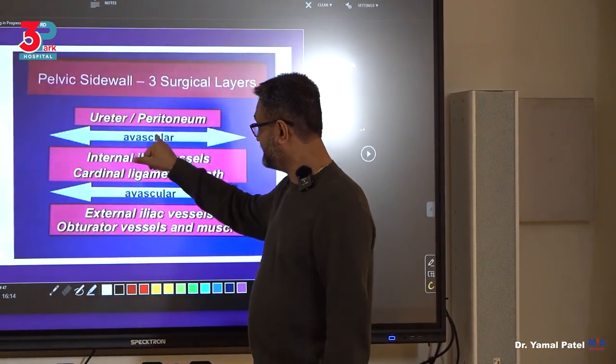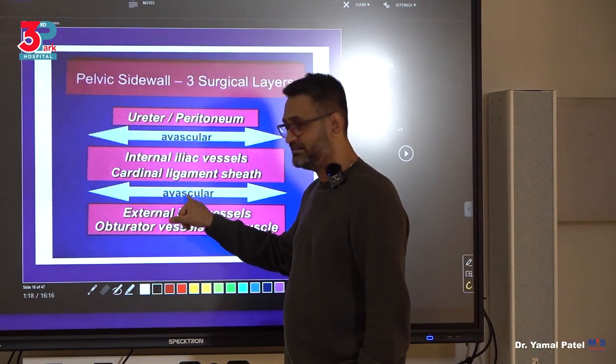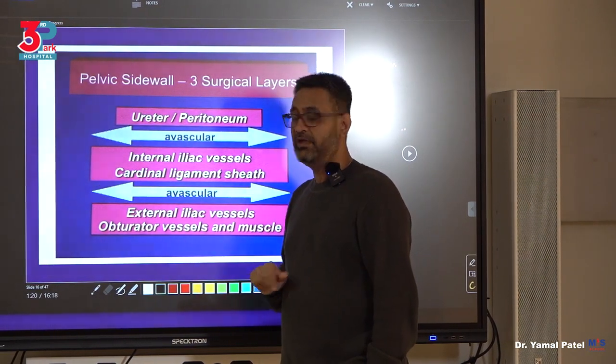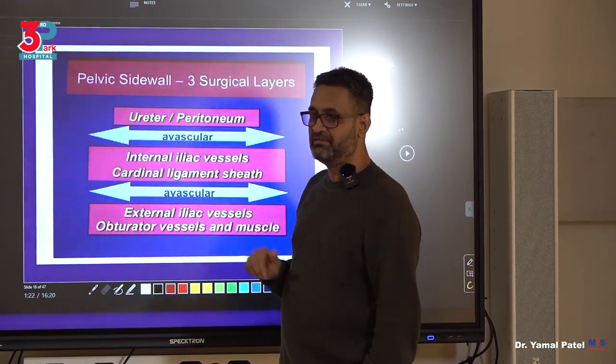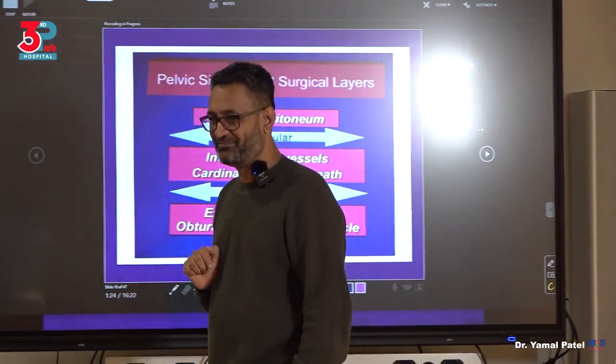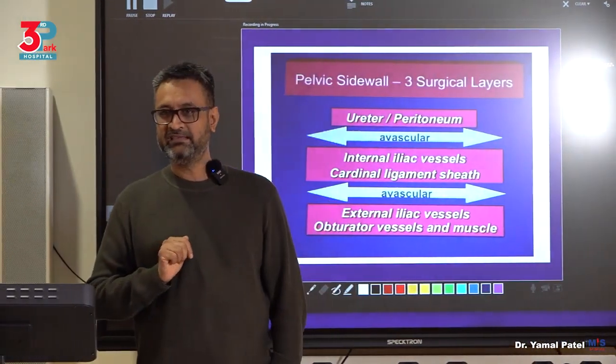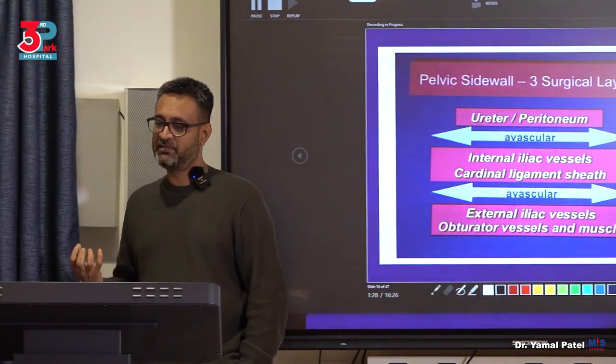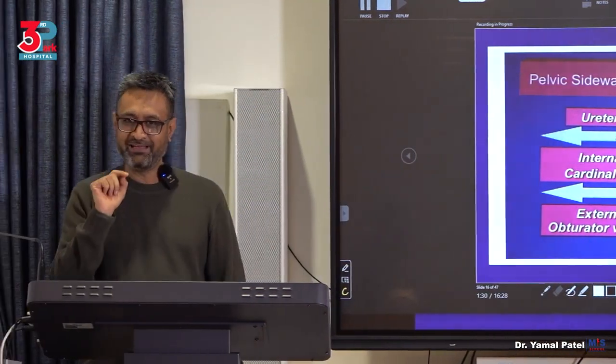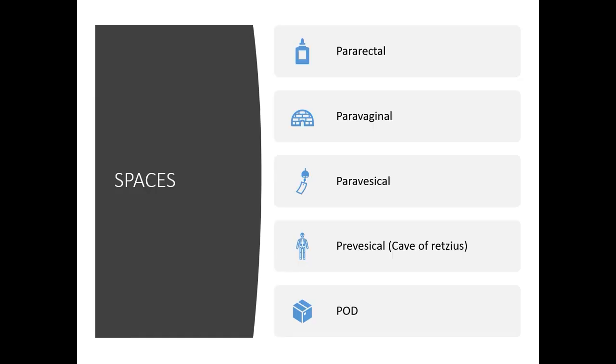Imagine there was no plane between these two. Then I have a problem. So, what is the key to anatomical surgery? You're looking for those planes where you can operate and separate these things out. These are the spaces in the retroperitoneum that we can operate in, that are going to make our surgery safe.